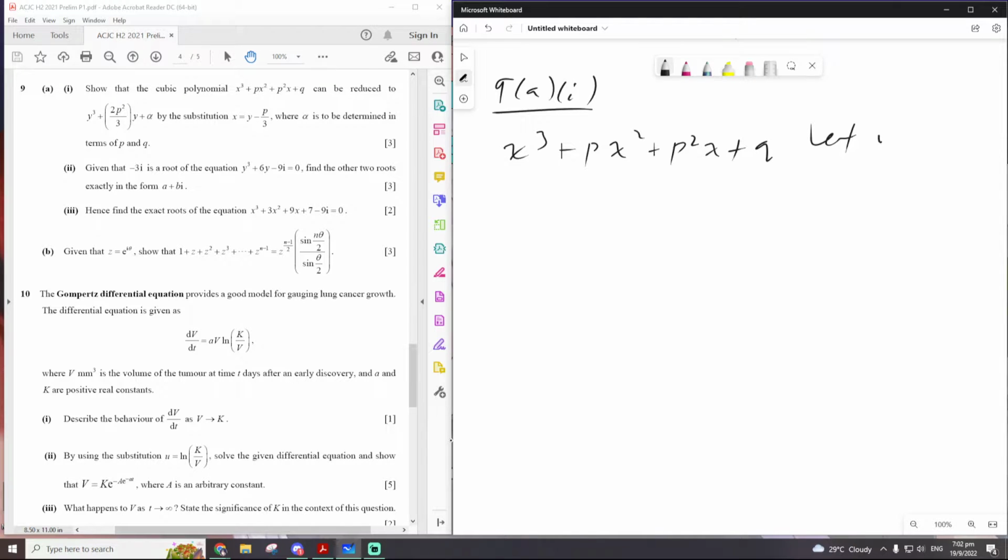Let x equal y minus p over 3. The motivation behind choosing p over 3 is due to the binomial theorem expansion, I think, because Pascal's triangle is 1, 3, 3, 1. So let's do it. This is just applying the binomial theorem, which is from secondary school.